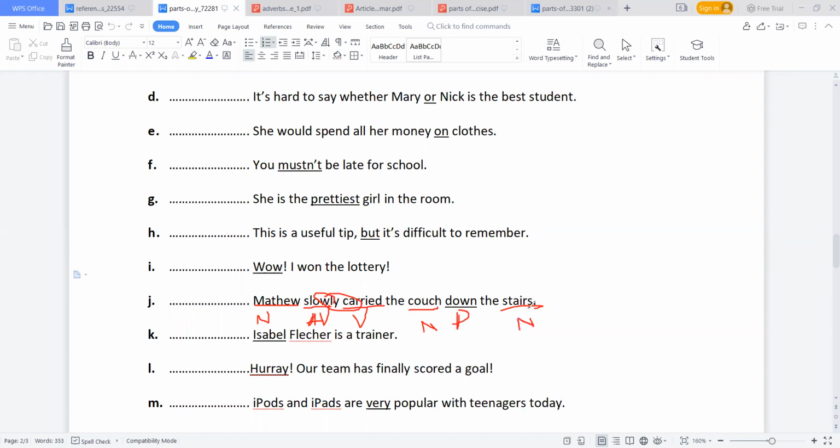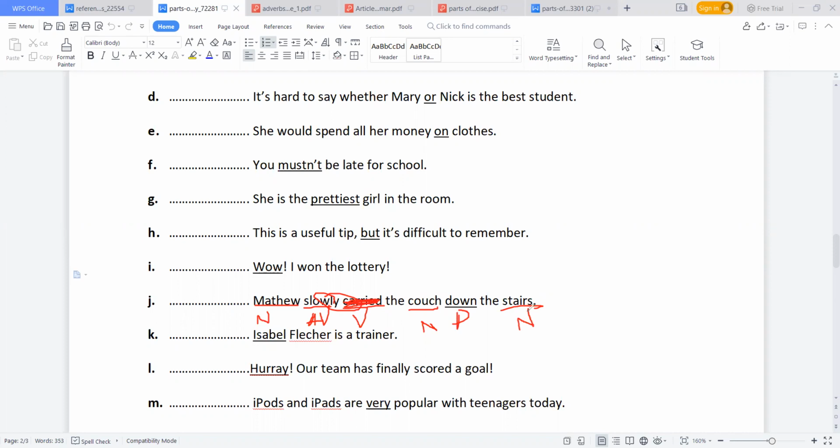See, if I have a blank over here, we are not having the options. Now I want to show you how to attempt the reading blanks. Read the sentence: Matthew slowly blank the couch down the stairs.